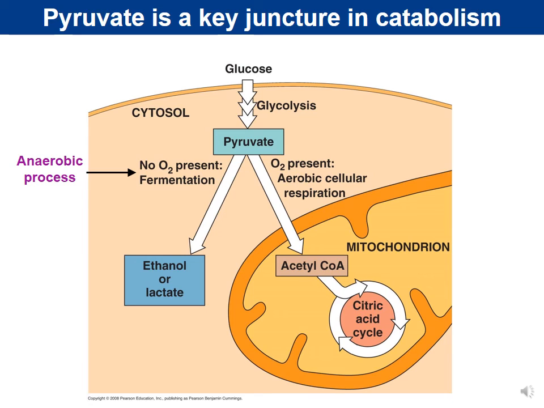In fermentation, the pyruvate itself can act as the final electron acceptor if we're talking about lactate as the product, or pyruvate can be converted to acetaldehyde. Acetaldehyde acts as the final electron acceptor, and it produces ethanol. So pyruvate is kind of this key decision between whether the cell will do aerobic cellular respiration or whether it will do fermentation.